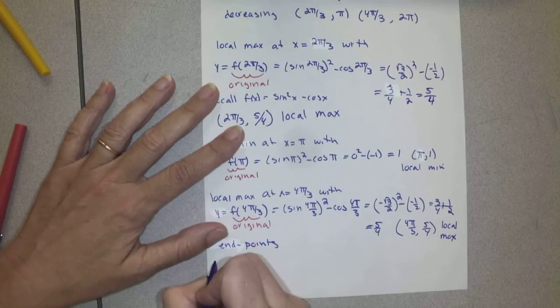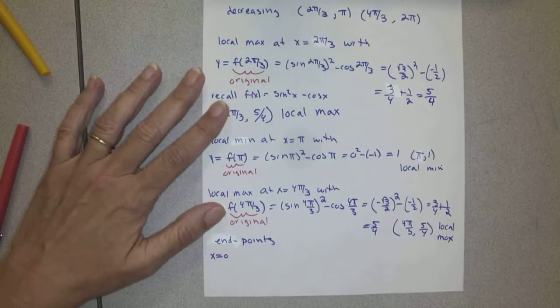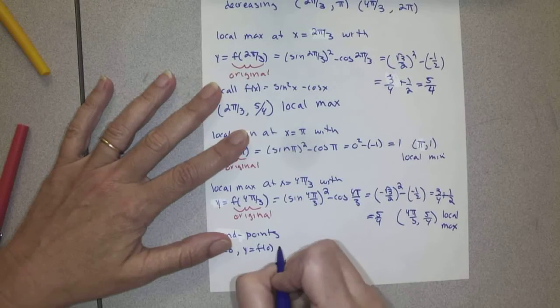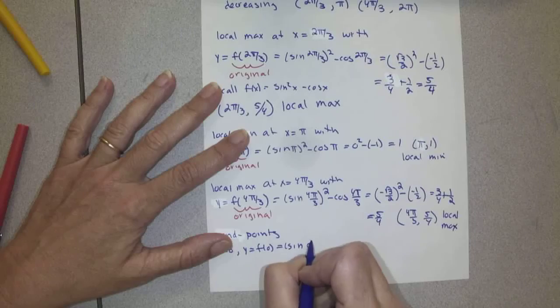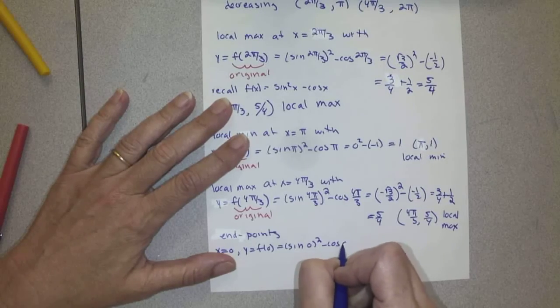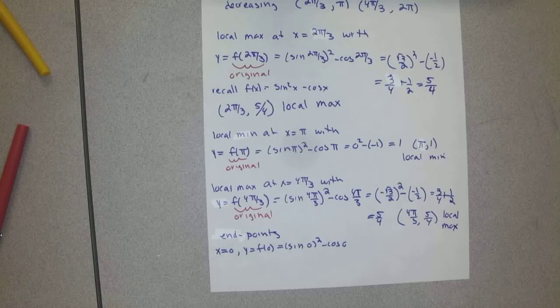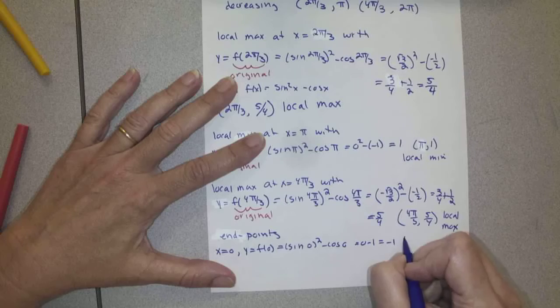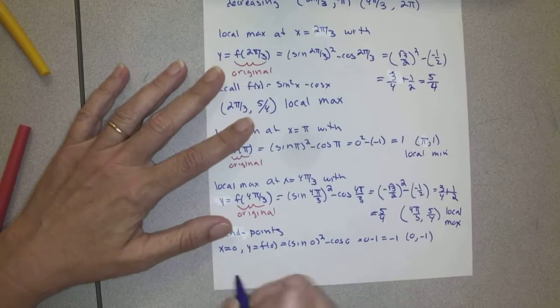For my endpoints, at x equals 0, y is going to be f of 0. So sine of 0 squared minus cosine of 0. So that's going to be 0 minus 1 for negative 1. So I have (0, negative 1).